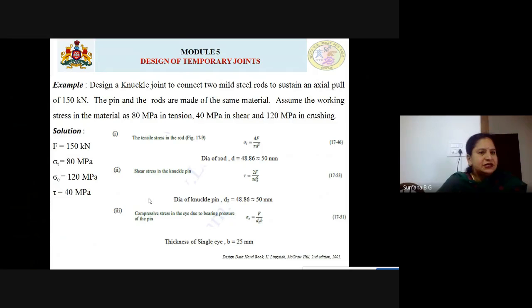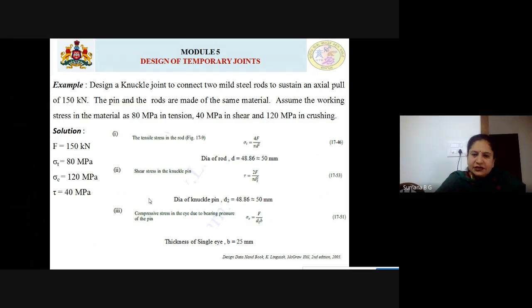So first, equation 17.46 defines the tensile stress in the rod. Okay. So by substituting the given values, we can find out the diameter of the rod, small d. Then equation 17.53 defines the shear stress in the knuckle pin.